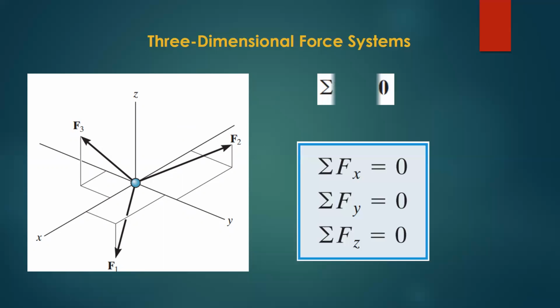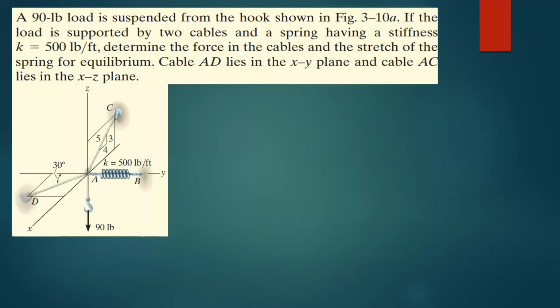This is the reason we use this expression here. Anything that is in equilibrium, whether in physics, statics, or anything to do with science, is going to have all the forces acting on that object add up to 0.